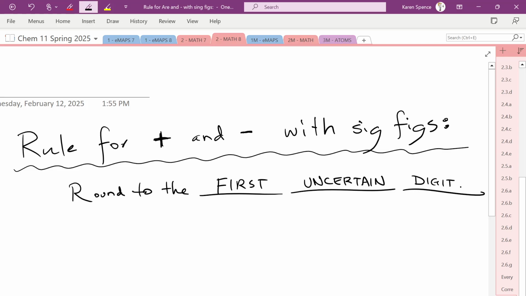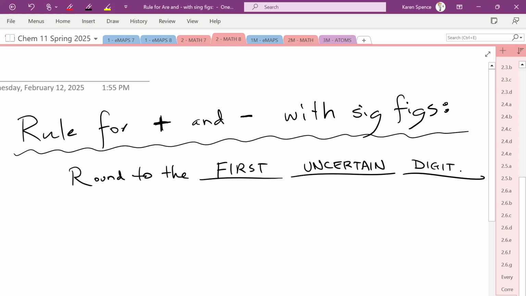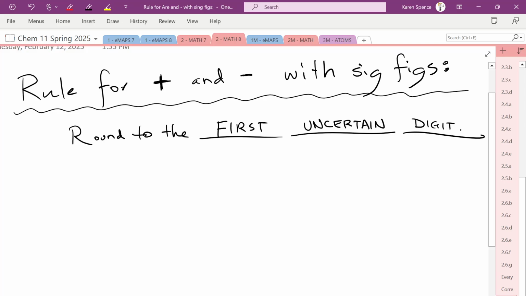Okay, and we're going to do just a couple of examples because we didn't do any subtraction yesterday. So I'm going to give you an example with subtraction, just so that we can take a look at that. Let's say we have 14.3 minus 7.15.